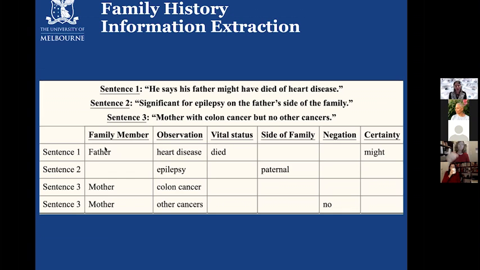And recognize that it's not the patient that has heart disease, right? It's the father of the patient that has had heart disease. And furthermore, that the outcome of that disease was death, right? Mortality from the disease. And so we want to transform a sentence like that into a kind of more structured representation of the key elements of the information that's expressed there. The family member that's been affected, the observation that's relevant, and the status.